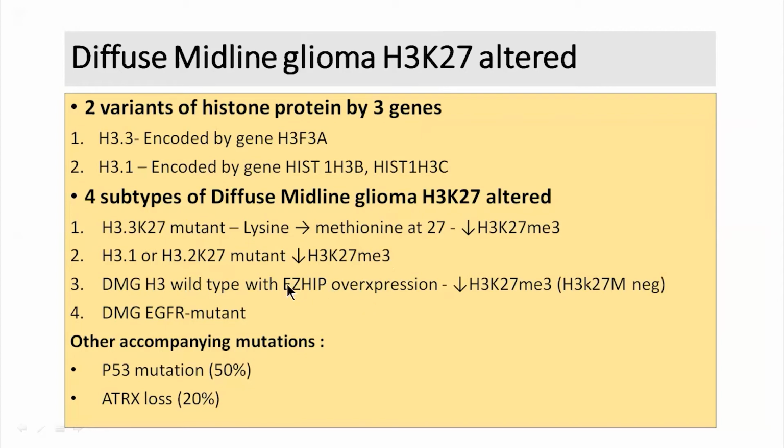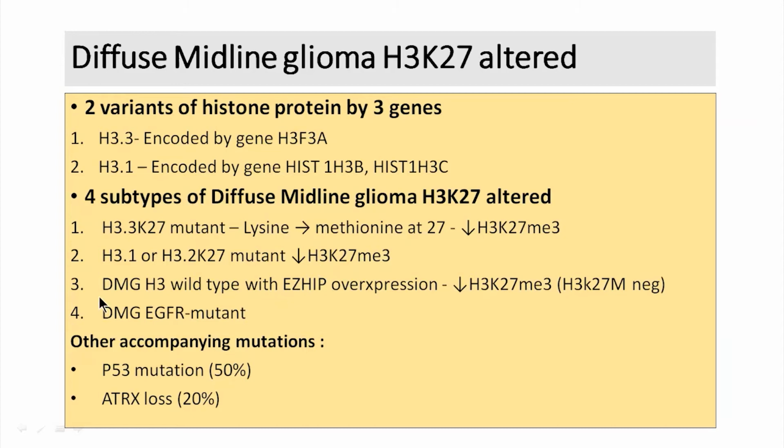Here also, H3K27M will not be positive, but in this case, where H3 is wild type but EZHIP is overexpressed, this also ultimately leads to PRC2 suppression, which ultimately leads to decreased me3 expression. So decreased me3 expression is the common finding. H3K27M mutant protein will be highlighted in the first two entities, but not in this entity.